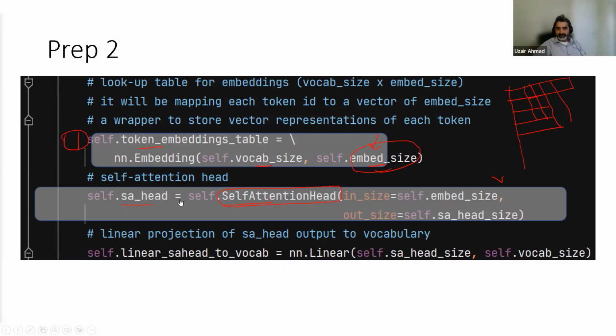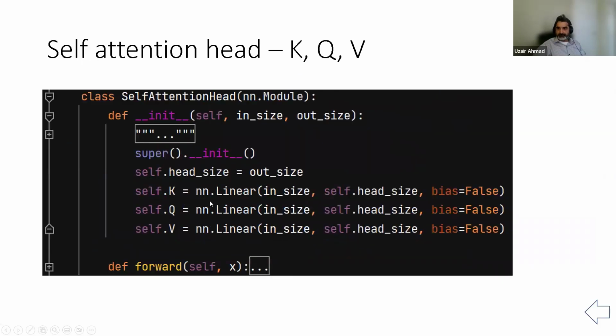You want to look inside. You see there are 3 linear models. 3 multi-layer perceptrons. Their names are very peculiar. KQV, that stands for key, query, and value. All of them have same architecture. They are going to take in as many inputs as the input size, which is our embedding size.